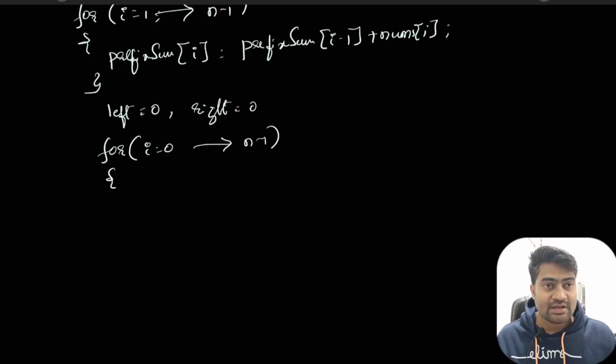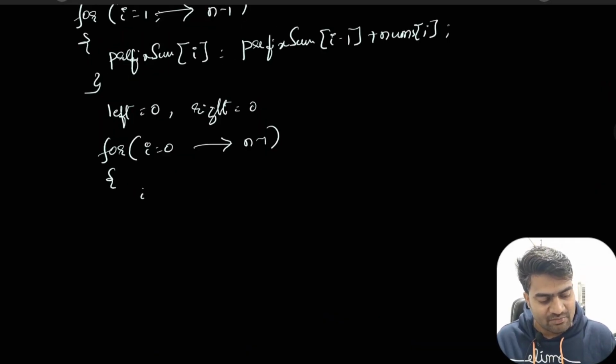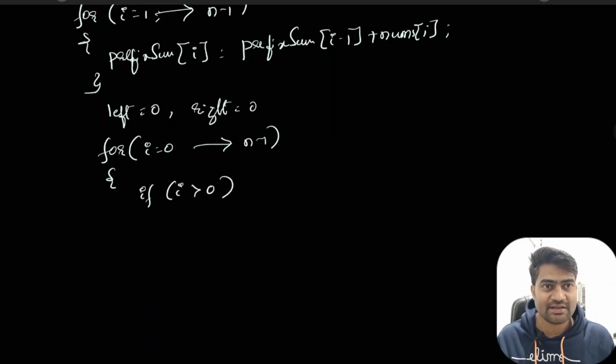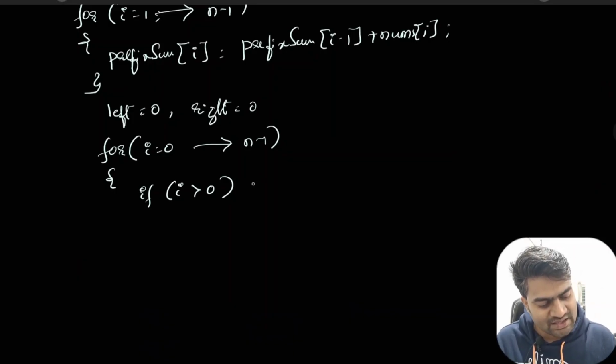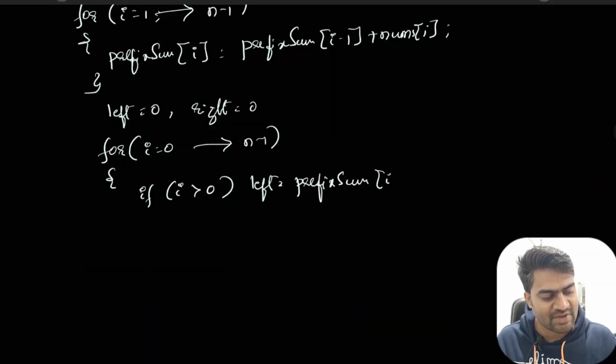If I is greater than 0, then only I can take the left value from the prefix sum array, right? So left will be prefix sum of I minus 1.